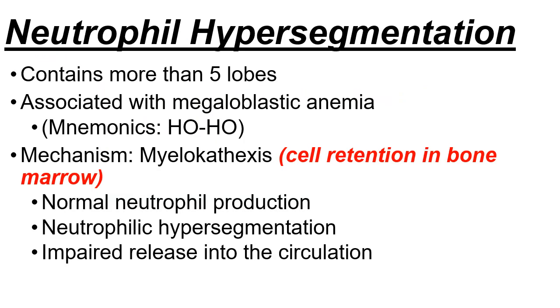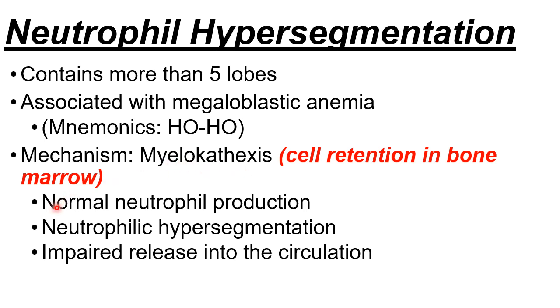Okay, balik tayo dito sa ating neutrophil hypersegmentation. So, aside from that, ano ba ang pathophysiology? Bakit dumadami yung lobes ng neutrophil nila? It is due to myelocathexis. Ano ibig sabihin ng myelocathexis? This is actually the cell retention in bone marrow. Kailangan nang lumabas ng WBC mo out of the bone marrow and yet, hindi lumalabas. So, ano ang consequence ng myelocathexis?